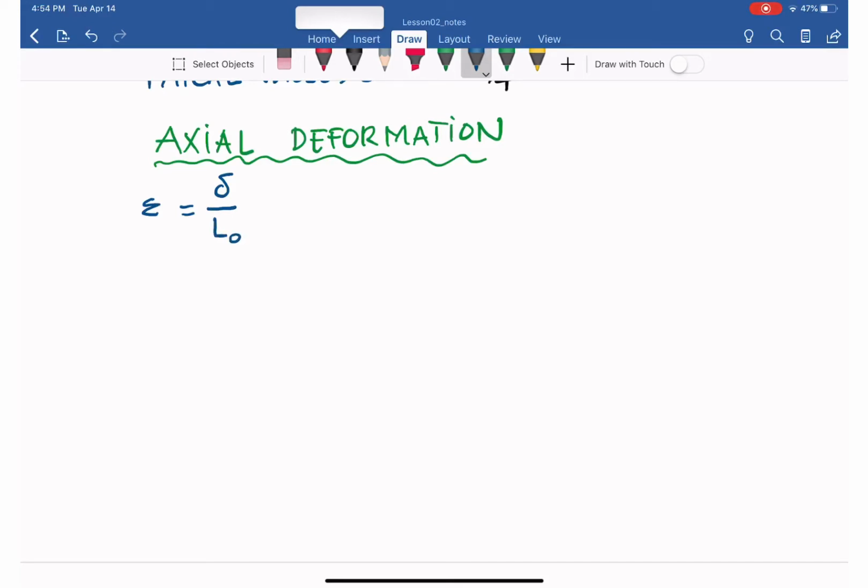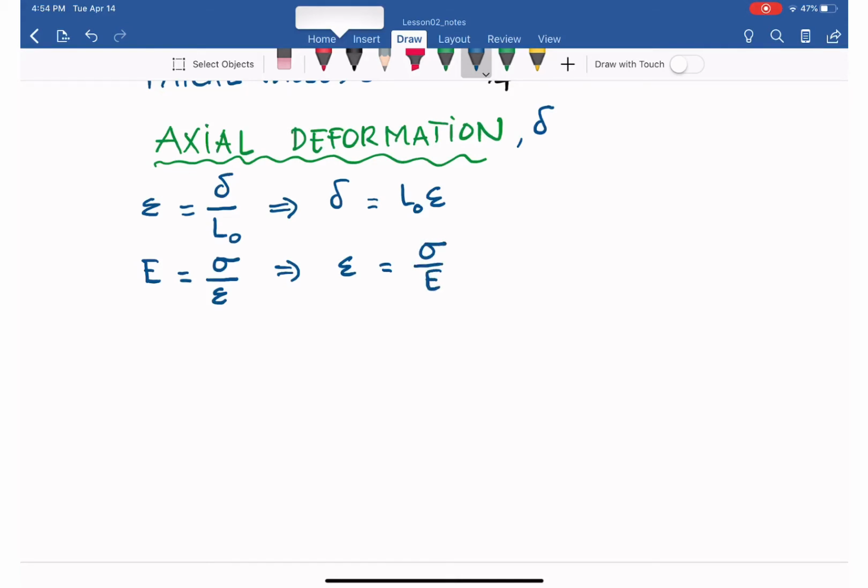From that we can have the deformation delta equal to L naught times epsilon. And from the Young modulus equation, E equals normal stress over normal strain epsilon. From that, we can have epsilon equal to sigma over E with that transformation.